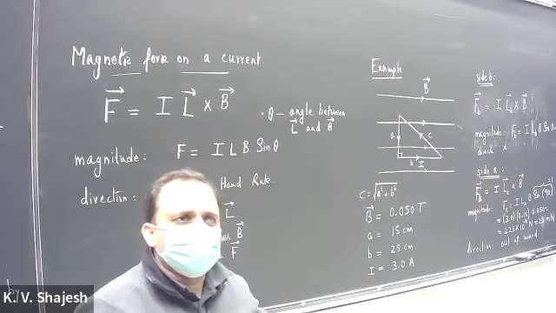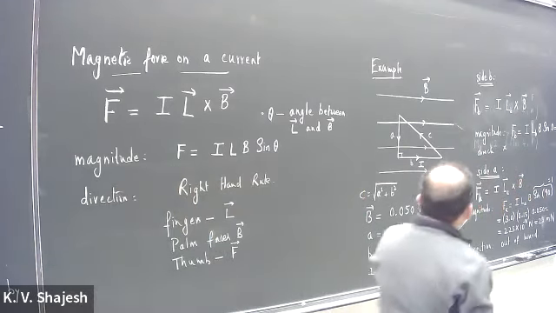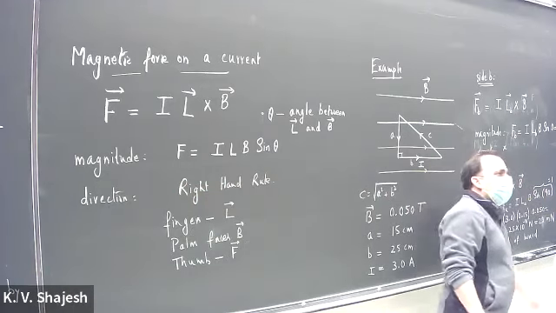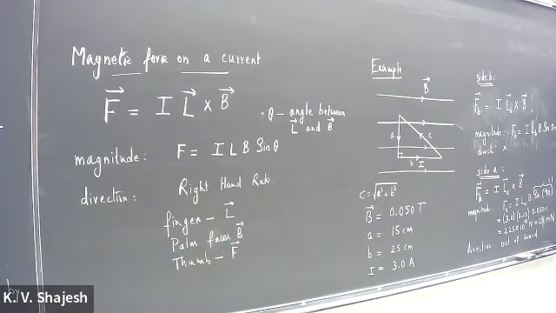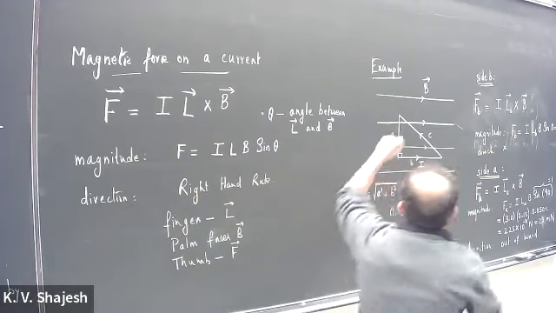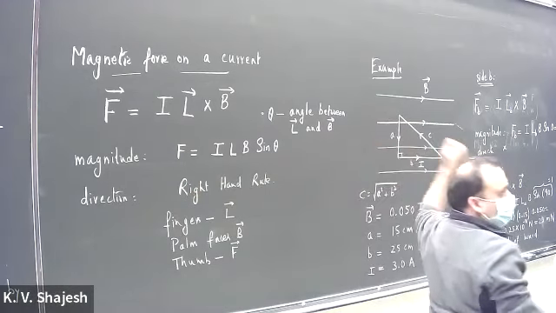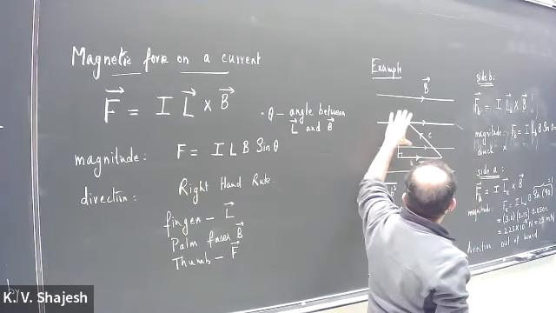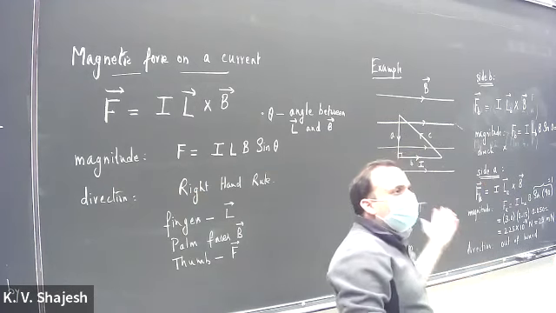Any questions on that? I think it should be reasonably clear. Current, length, and a magnetic field, and there is a right hand rule that says the force comes out. So this particular wire experiences a force and is pulled out. If this piece were on its own, it would try to come out of the board.